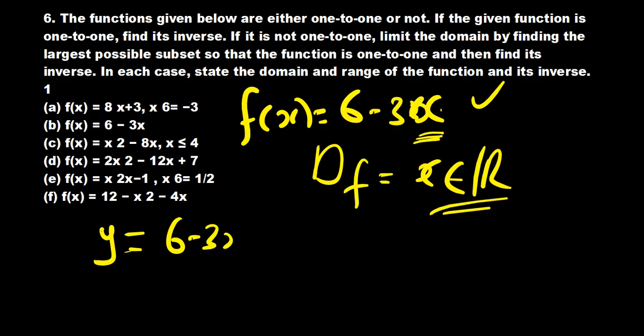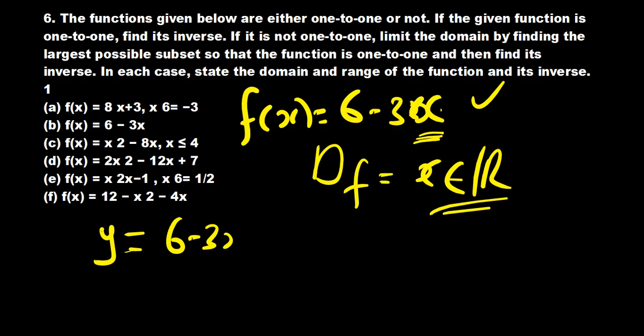Because the coefficient of x squared is positive, this will open upward like that. Now what values are we going to have? We are saying x should not exceed 4. So x is less than or equal to 4. Let's say this is 4 here, right?